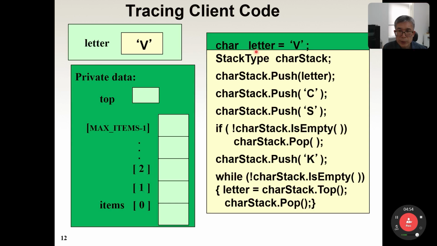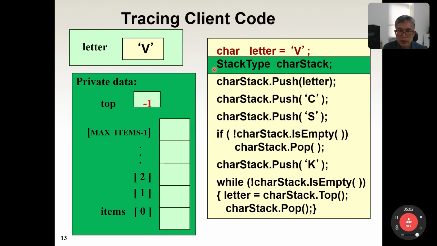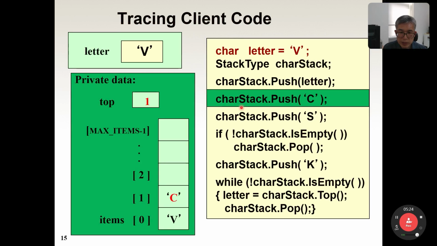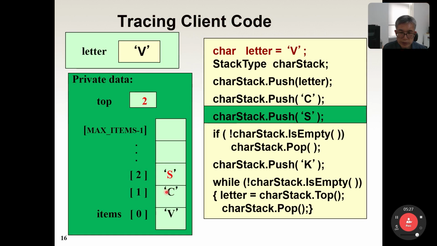We perform this: the variable letter is initialized with V, and we create a StackType character stack class object here, initializing the top index to -1. Then we push the letter V, so items array top is set to 0 and the item is V. Then we add one more, and for the S case we increase the top index to 2, so the third item is S.